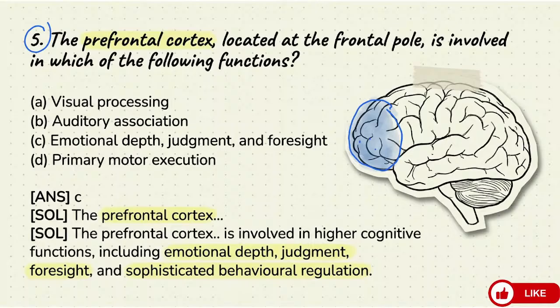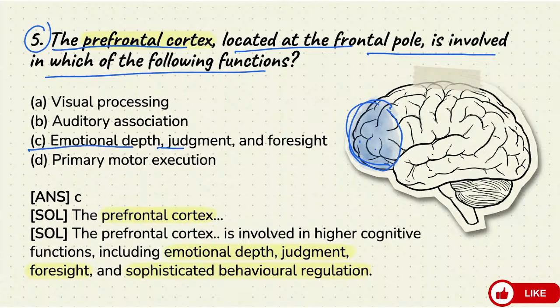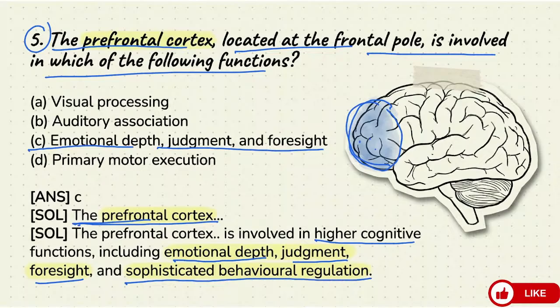So this question: the prefrontal cortex located at the frontal pole is involved in which of the following functions? The answer is C, emotional depth, judgment, and foresight. The prefrontal cortex is involved in higher cognitive functions, including emotional depth, judgment, foresight, and sophisticated behavior regulation.